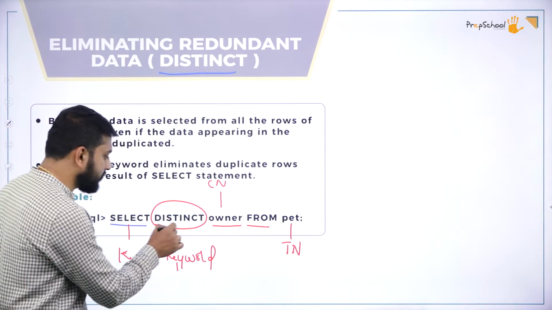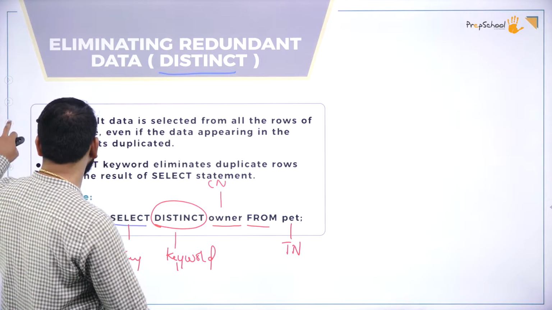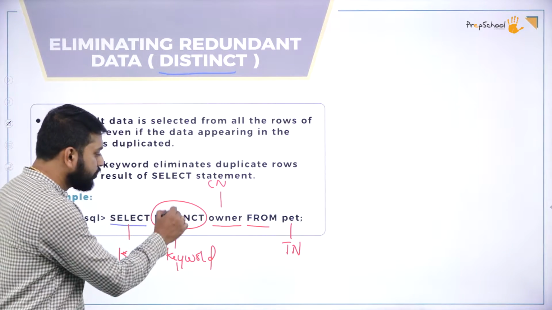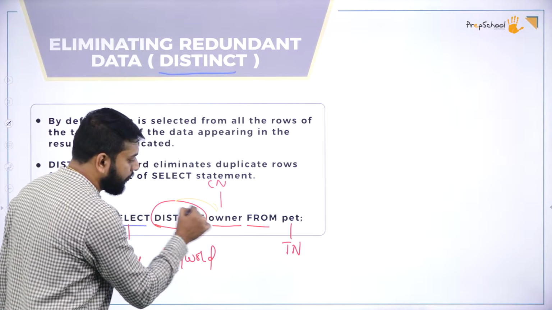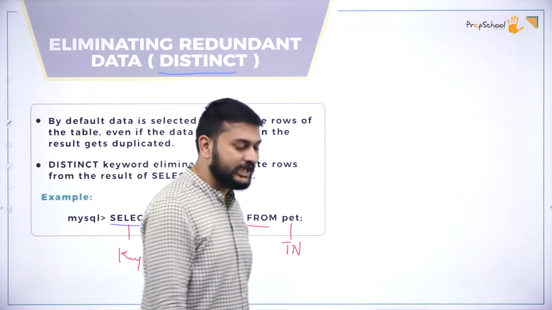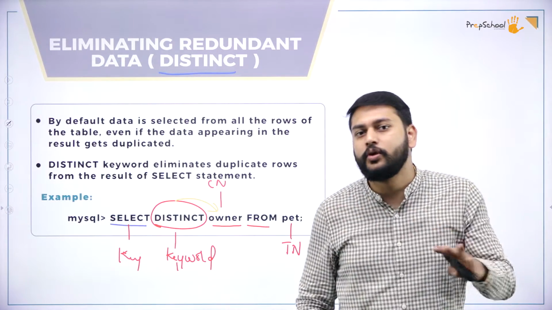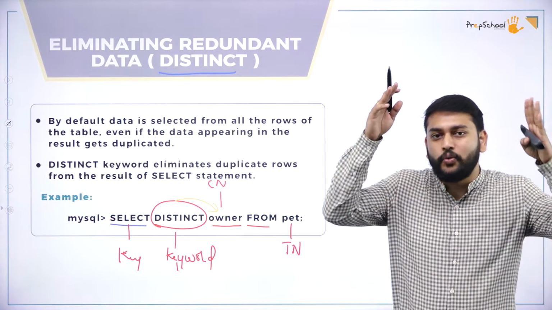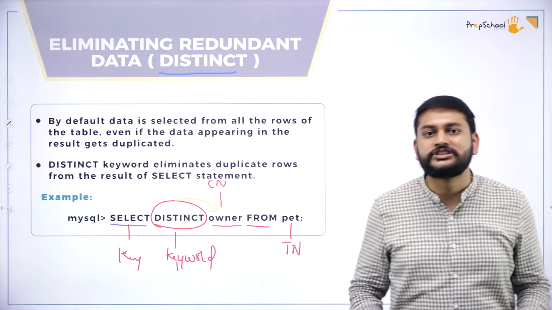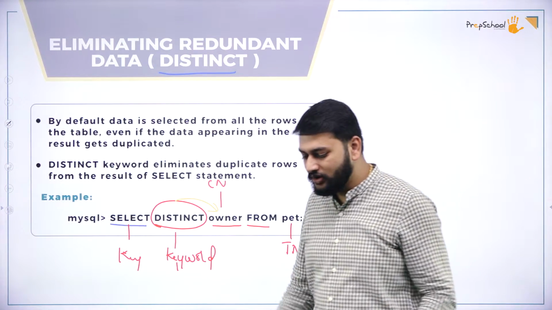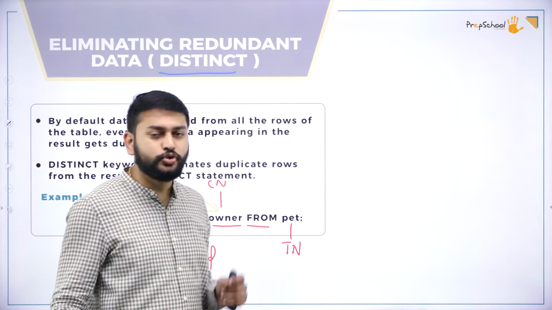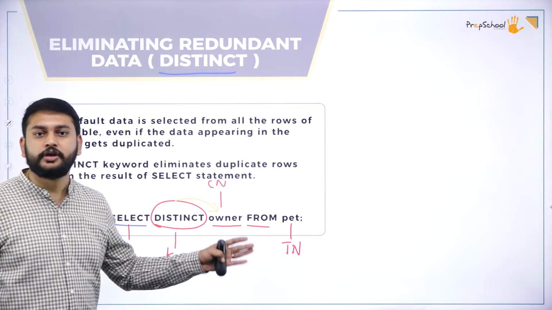But I am using something called distinct. So why should I use distinct? Can you all tell me? So distinct, my dear students, distinct in the sense, whatever the name of the owners that I have, I don't want the repetitions. I just want the data which is unique. What is the meaning of it? Suppose I'm storing the name of the owners like in a pet table.